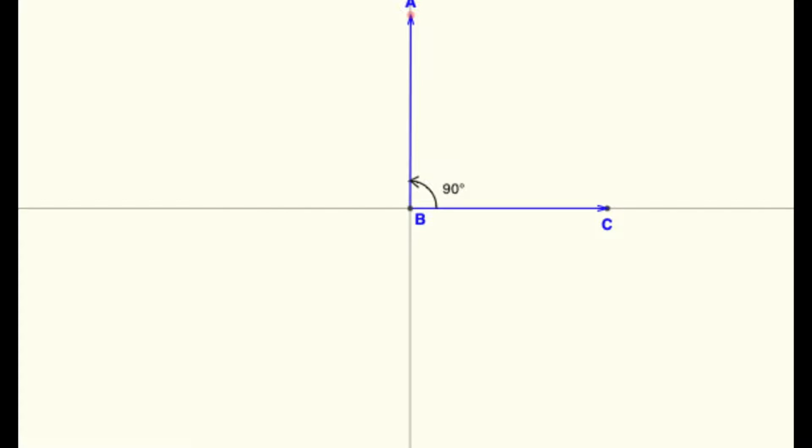And if the angle is between 90 degrees and 180 degrees, it is called the second quadrant angle or obtuse angle. And 180 degrees is called a straight angle. And if the angle is between 180 degrees and 270 degrees, it is called a third quadrant angle.